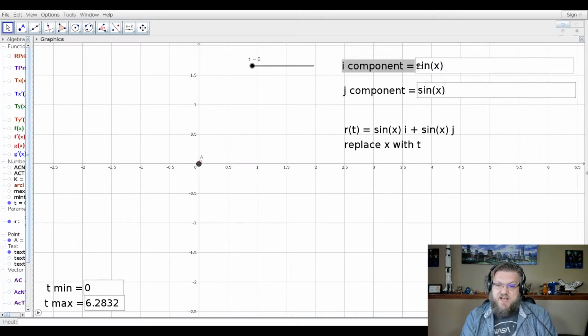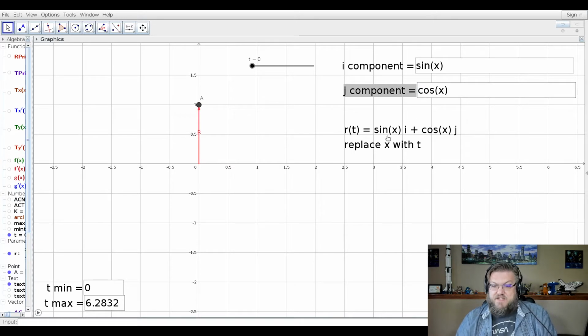So I put in sine of x here, and cosine of x, hit enter. Do you see this? This is saying that r of t equals sine of x i plus cosine of x j, but then replace the x with t. It's just that GeoGebra wants the input for the function to be x.